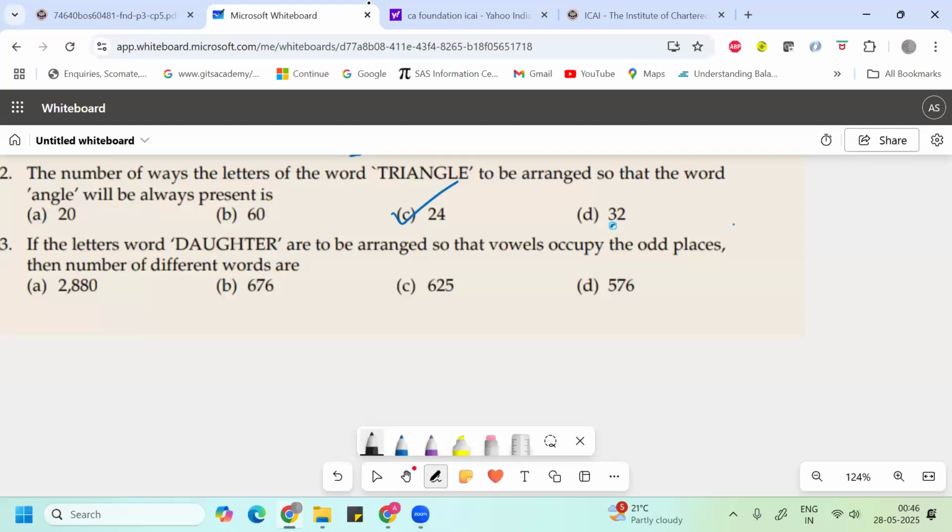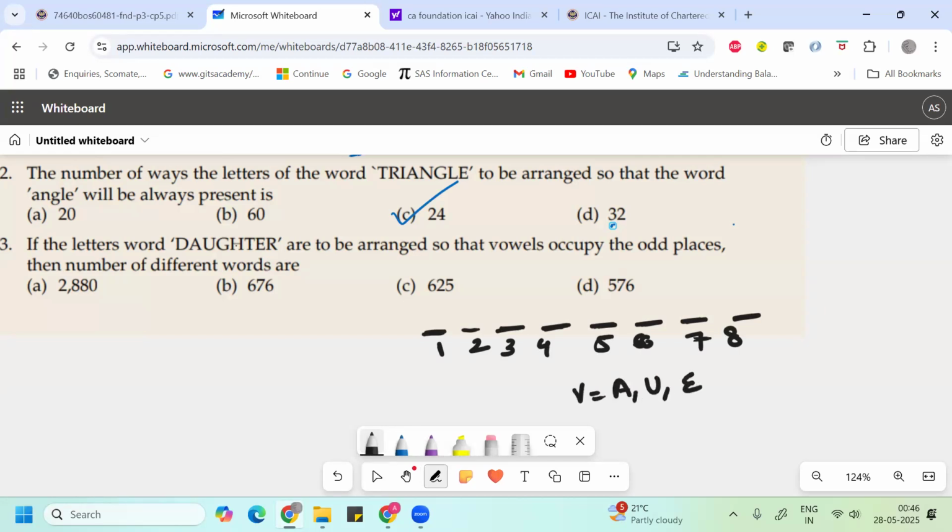Now how many vowels are there? Vowels are A, E, I, O, U. So here there are only three vowels: A, U, E. So the consonants would be 5.